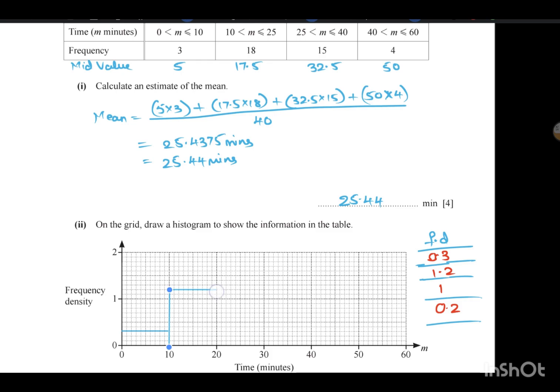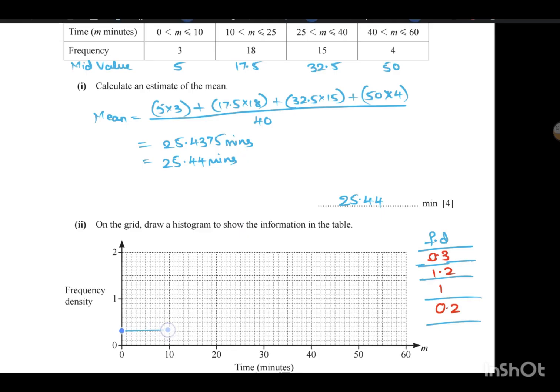Next 1.2 is over 1. Okay, wait, I'm not drawing right. 0 to 10 is 0.3, so just 0 to 10 will be this line.